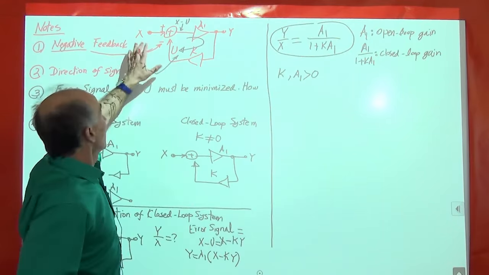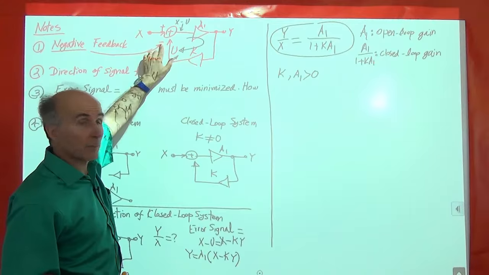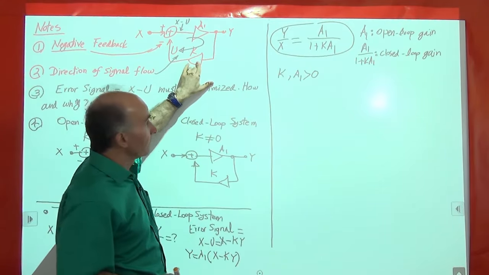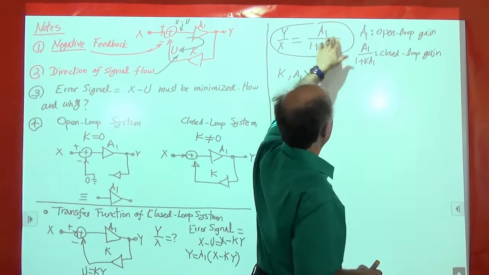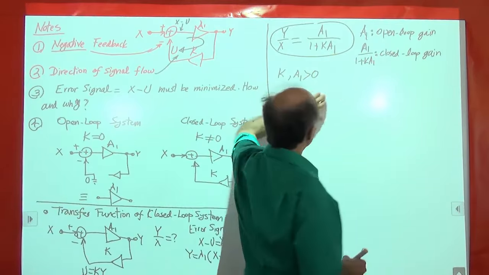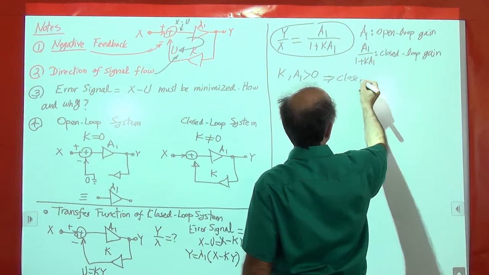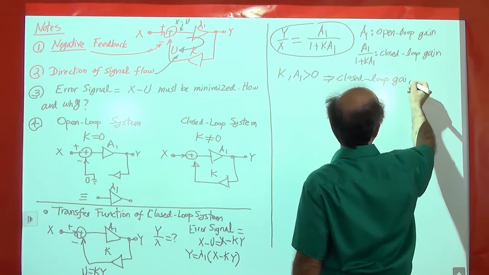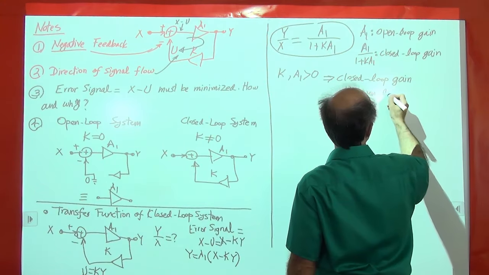So the negative feedback is reflected in sign, and the assumption is that A1 and K both are positive. So now what we see is that this number is less than A1, right? Because we're dividing by 1 plus some positive number. So what we see is that the closed loop gain is always less than the open loop gain.